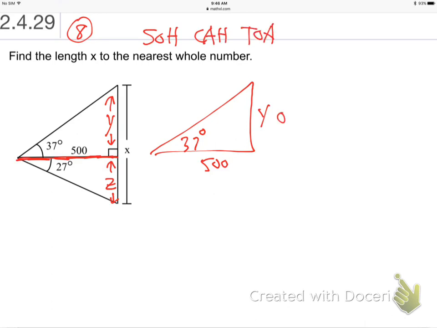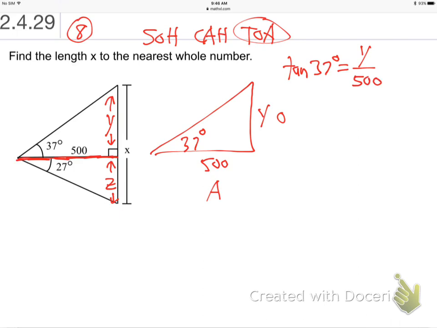This is opposite over adjacent, isn't it? Tangent. So that means tangent of 37 degrees is opposite y over adjacent 500. So that will allow us to solve for y.